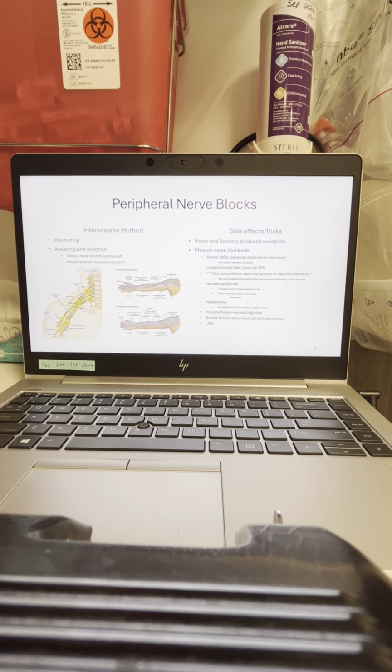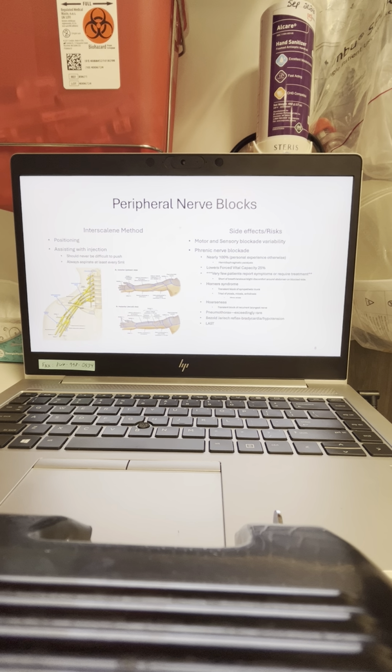That helps open up the space for us and make it obvious. And interscalene is aptly named because it's between the scalene muscles, between the anterior and middle scalene. You can't see it on the picture super well, but it's basically the first circle right next to the neck, where they're bundled up really well right there, and that's C5, 6, and 7.